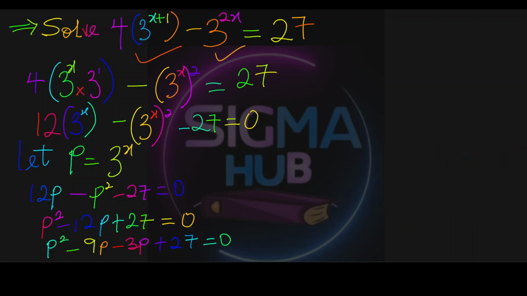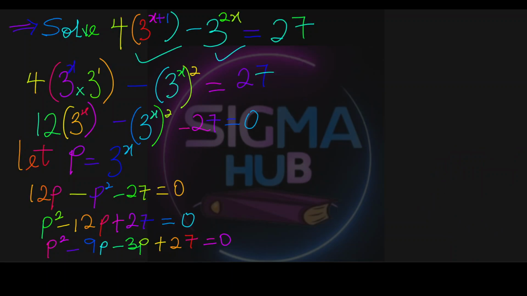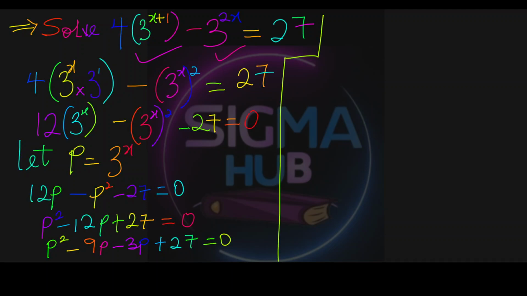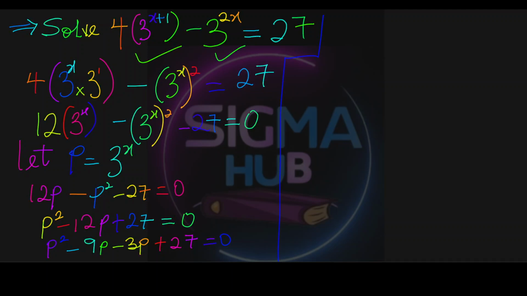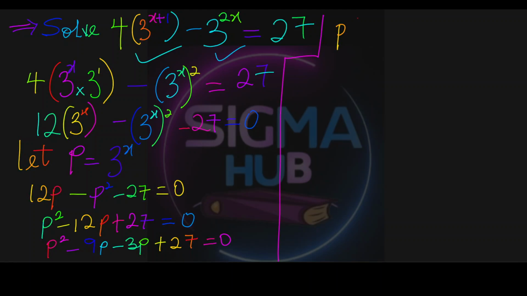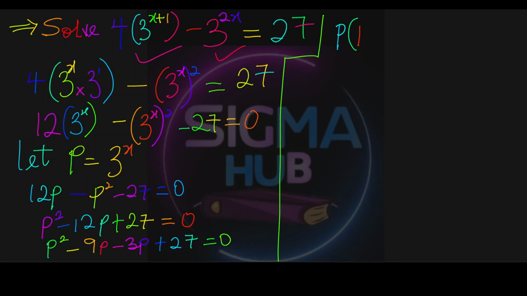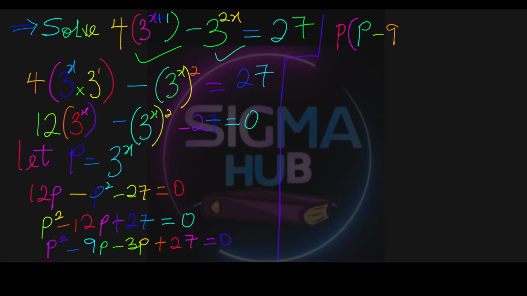And of course, we have p as common. So we have p into bracket: p in p squared, that's p, minus p in 9p, that's 9.